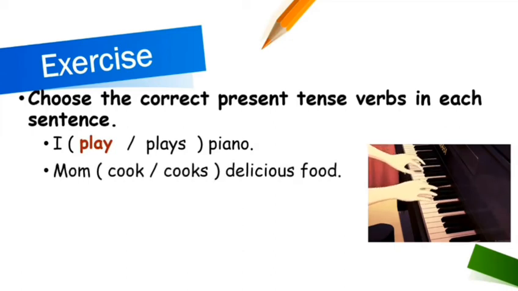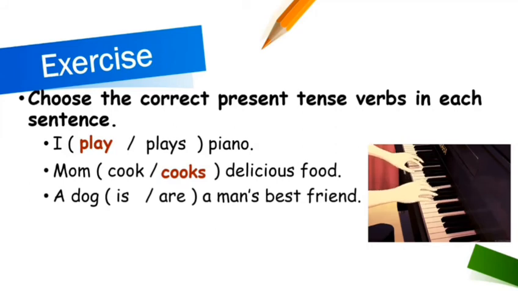Mom, the options given to you are cook or cooks, delicious food. So mom is a person, right? It's a name of a person. So what do we use with that? Yes, we will use cooks. So mom cooks delicious food.